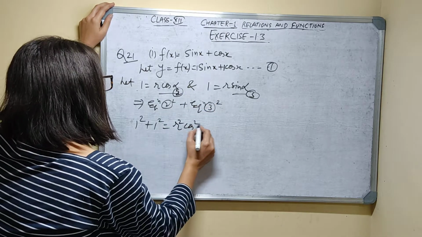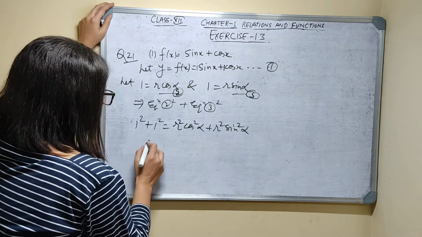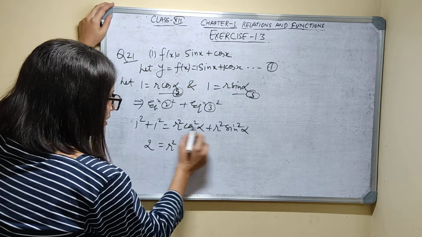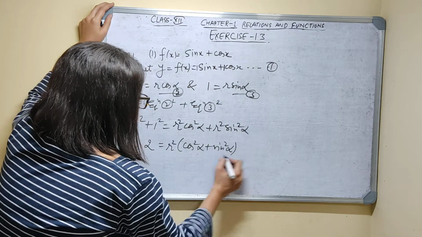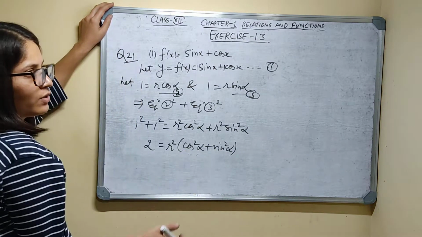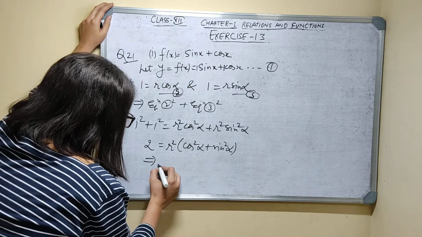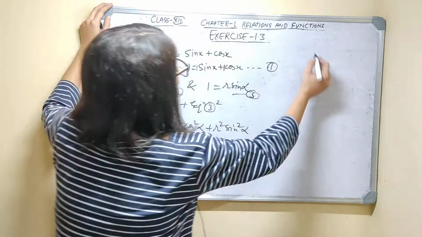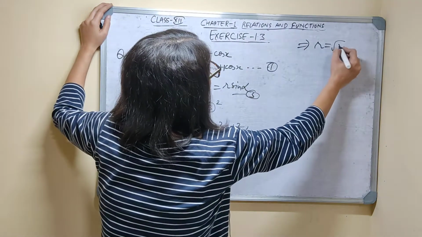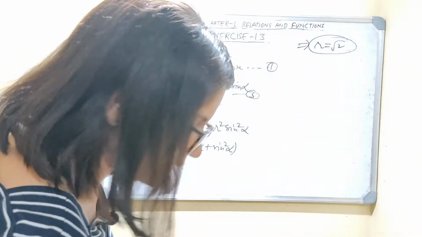So 1 square plus 1 square, that is 2, is equal to r square common, cos square alpha plus sin square alpha. You know cos square theta plus sin square theta is 1, so cos square alpha plus sin square alpha is also 1. So you will get 2 is equal to r square. So r square is 2, and the r value is root 2. Is it clear?